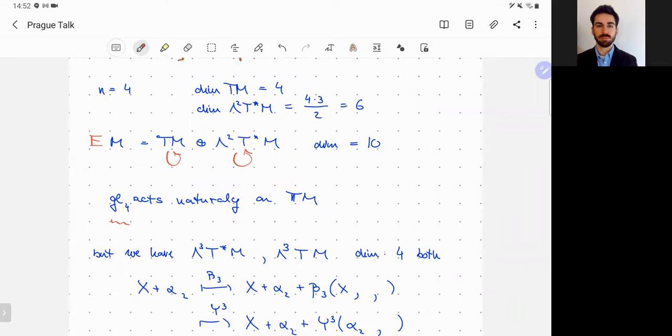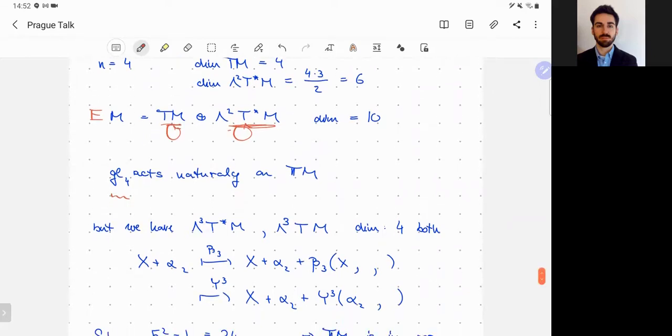They intertwine these two independent elements under GL4. So a 3-form takes a vector and eats it and produces a 2-form, and it works the other way around by sending the 2-form into vectors.